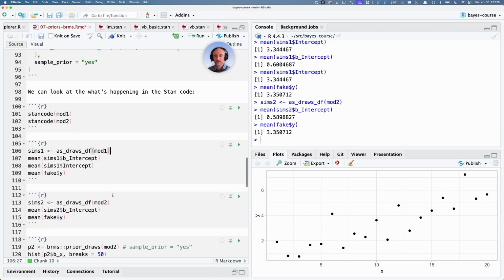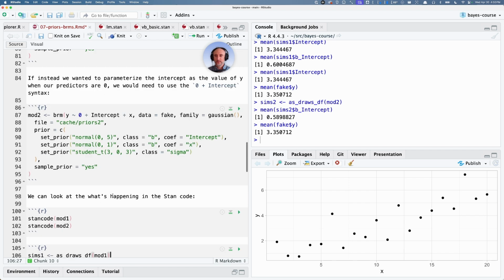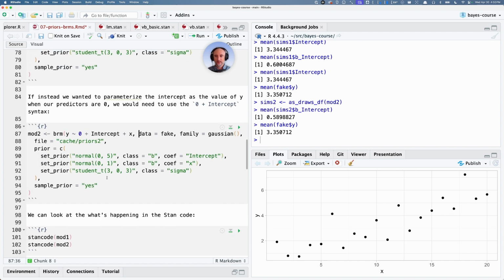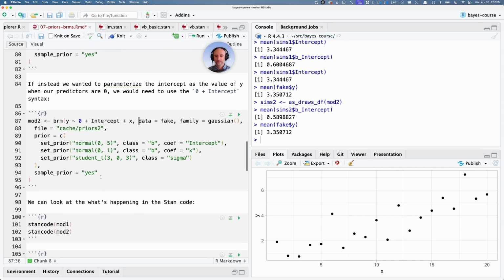So I would suggest, personally at least, that I prefer to specify the intercept explicitly so I know what is happening in the model. I often would mean center the predictors going in, such that this intercept would represent the expected value at the mean of the predictors, but I explicitly know what's going into the model, as opposed to having to come up with an intercept on a scaled version of my predictors.